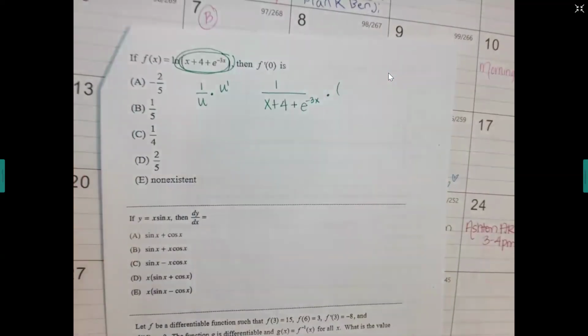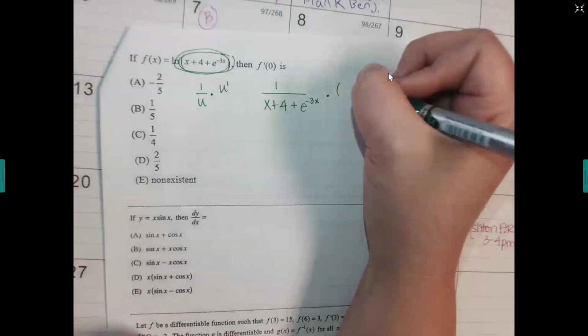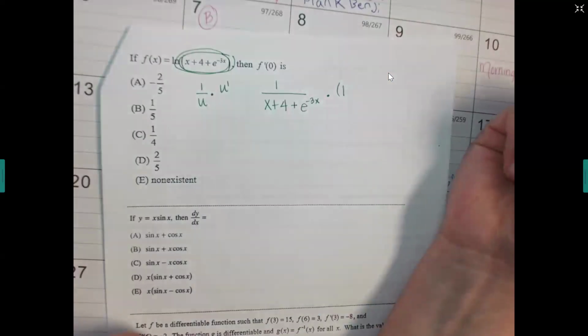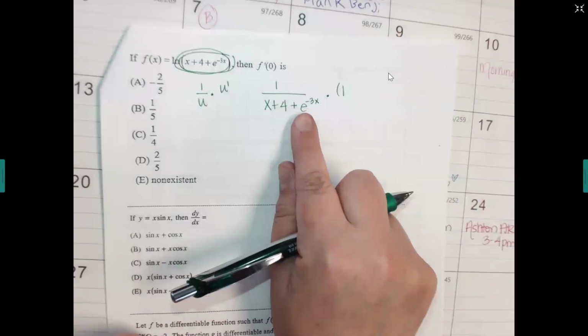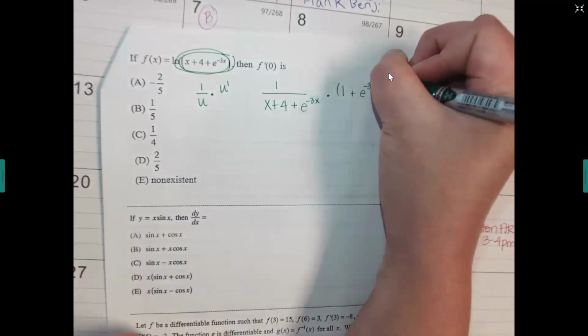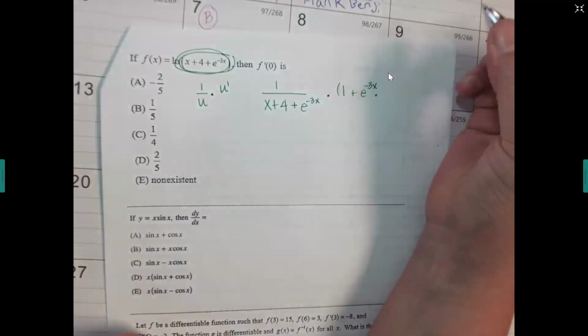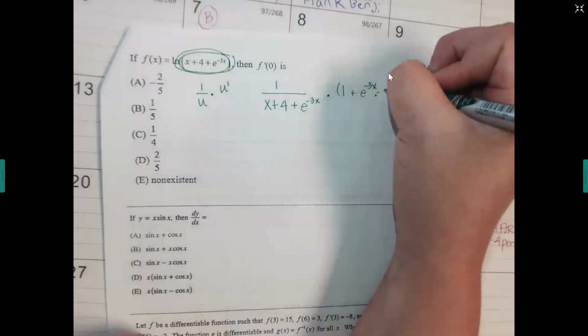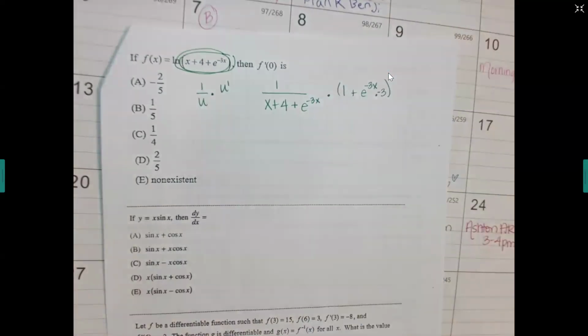What's the derivative of x by itself? Derivative of 4, 0. And then what about e to the minus 3x? E to the minus 3x times what? What kind of 3? Negative 3. What rule is that? Chain rule. Very good. So I'm going to rewrite my fraction one more time. If you're multiplying this by a 1 on top, let's just make it one big fraction.